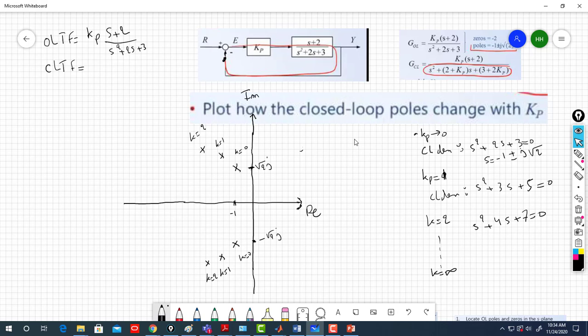Looking at the closed loop denominator, so I repeat, just to not get confused: closed loop denominator now when Kp tends to infinity, this will tend to KpS plus 2Kp. You agree? Agree or not?